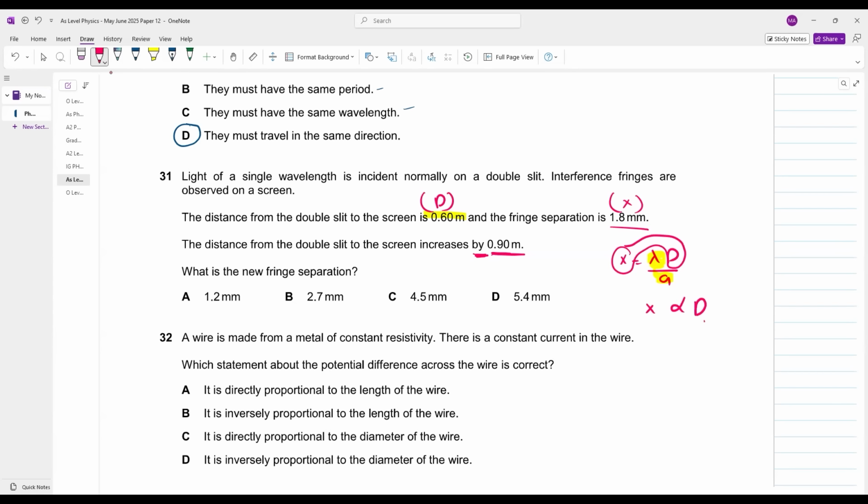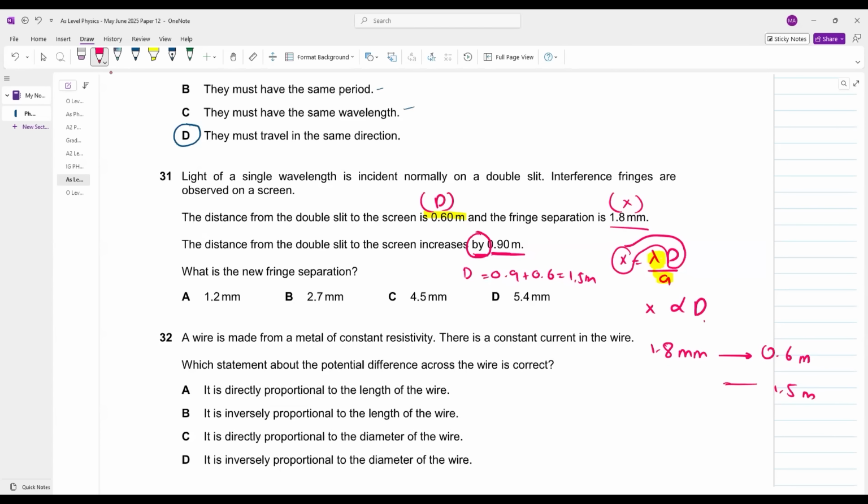Now, if x was 1.8 millimeter, what was D? 0.6 meters. Now you have increased D by 0.9. What will be the final value of D? 0.9 plus 0.6, that is 1.5 meters.